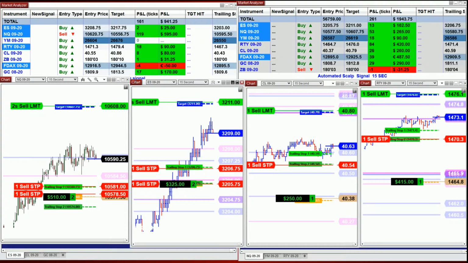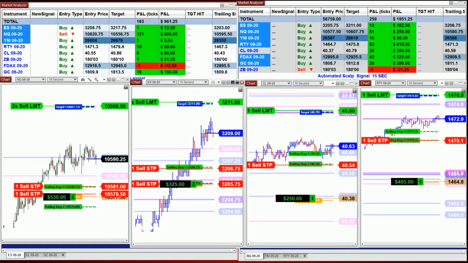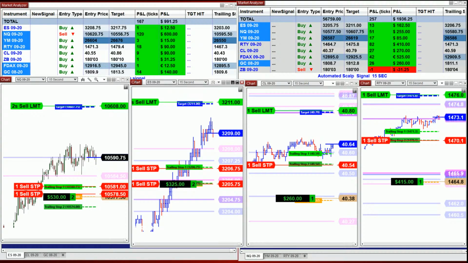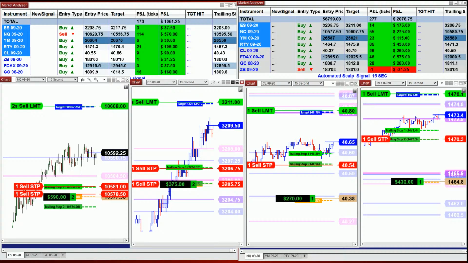Sometimes the ES gets stuck in channels, and they say the ES is only for institutions. That's not true. The ES gets stuck in a lot of channels sometimes, and when it starts to break out, the whole market follows.